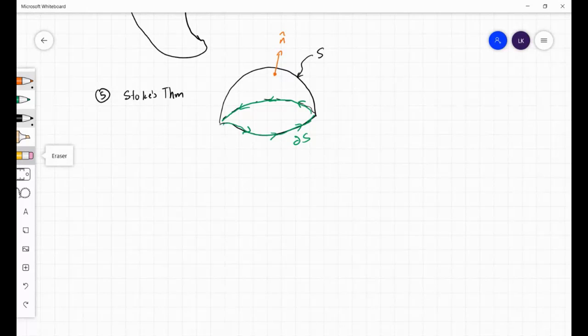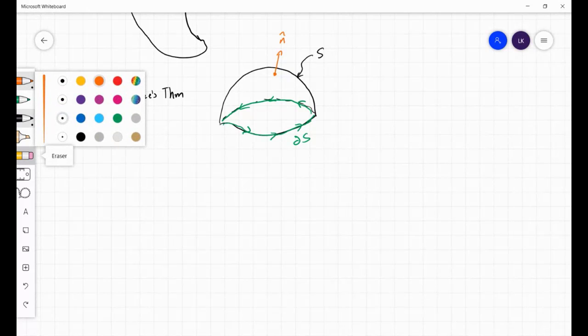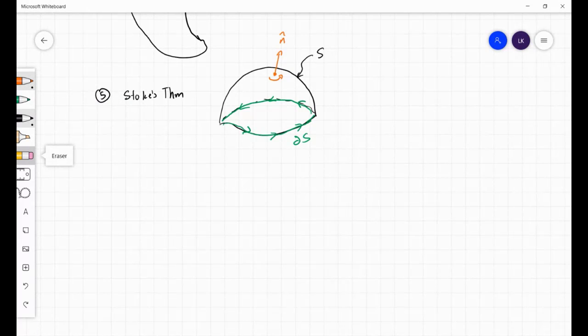Okay. So if you use the right-hand rule for that normal, if you curl your fingers in the direction of the curve, then your thumb should be pointing in the normal direction.